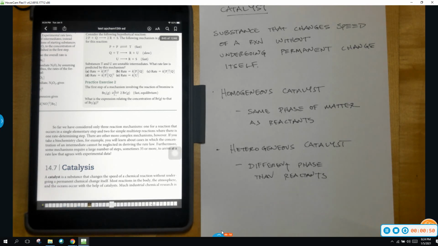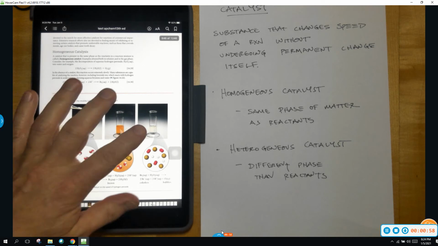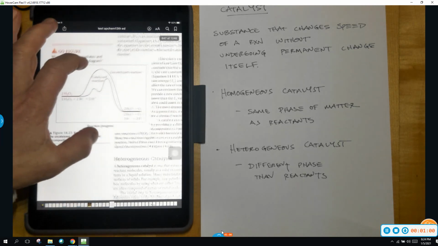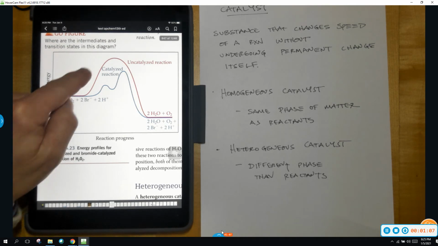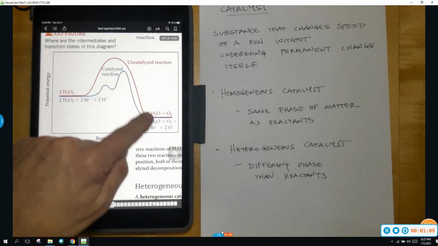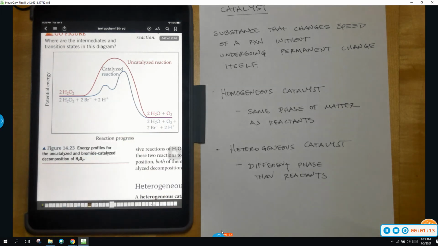And the way that catalysts work is by giving the reaction an alternate pathway, lowering the activation energy. So you can see in this diagram that we have a red reaction pathway called the uncatalyzed reaction, and the E sub A would be from here to the very top of the red.